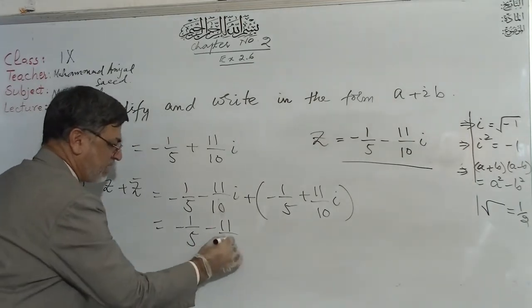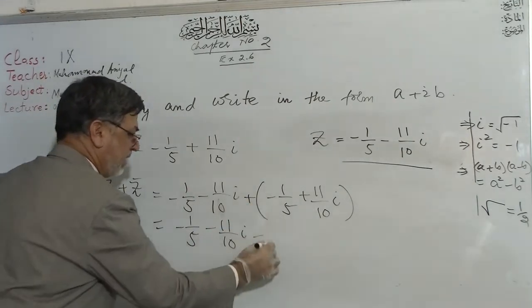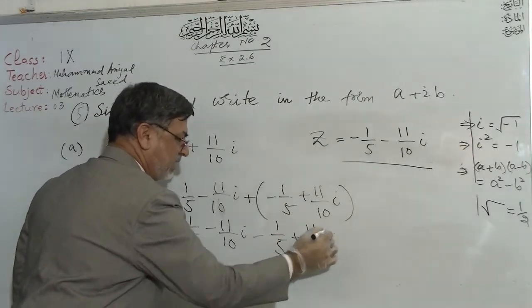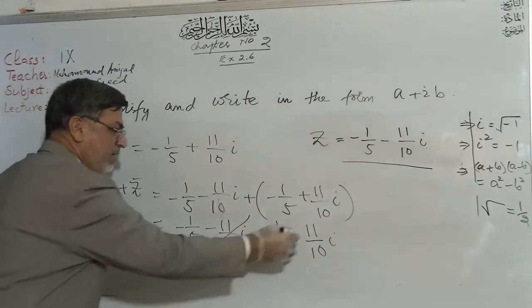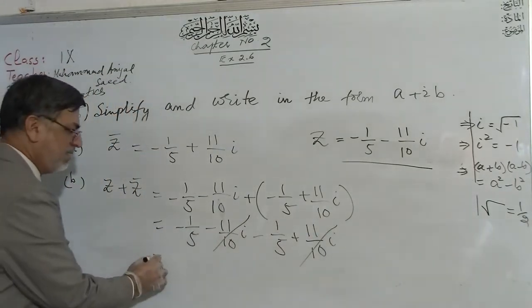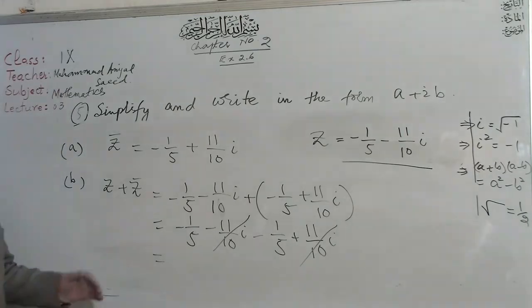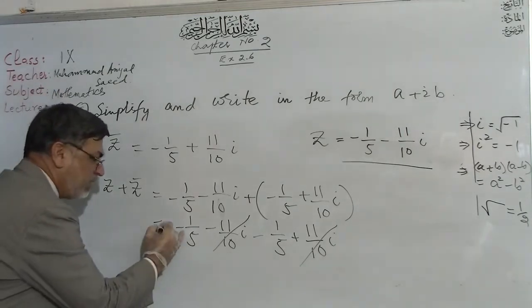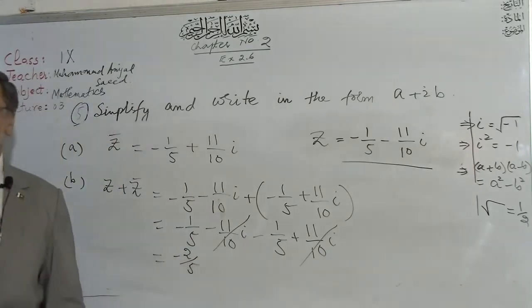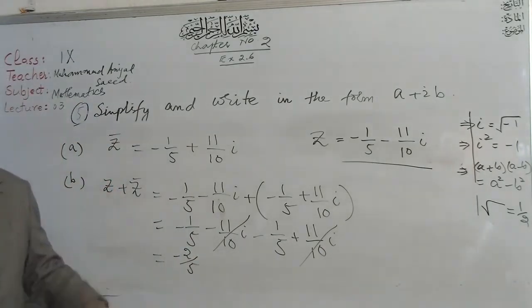Minus 1 over 5 minus 11 over 10 iota, plus minus 1 over 5 and plus 11 over 10 iota. Minus 11 over 10 iota plus 11 over 10 iota. You got this? After cancellation, we are left with minus 1 over 5 minus 1 over 5, minus 2 over 5. That is your Z plus Z bar.